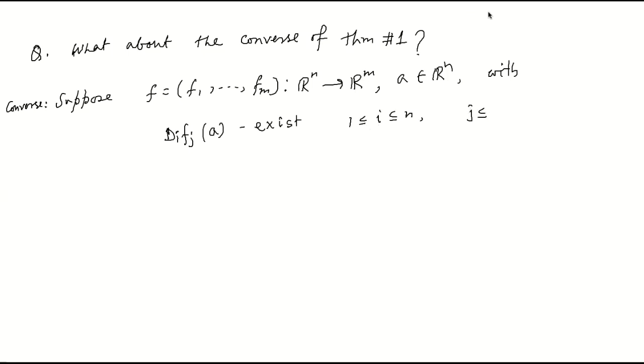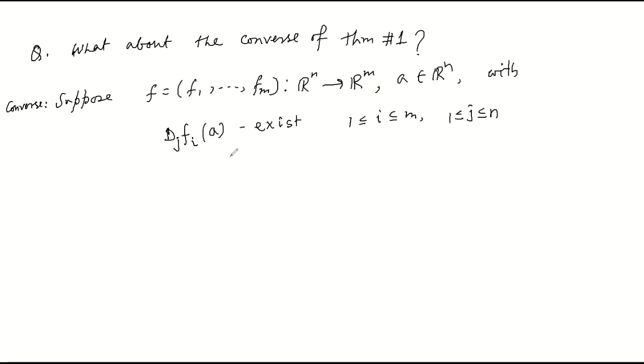Okay, let me change the notation: this is the ith component function, jth variable. So i lies between 1 and m, j lies between 1 and n.